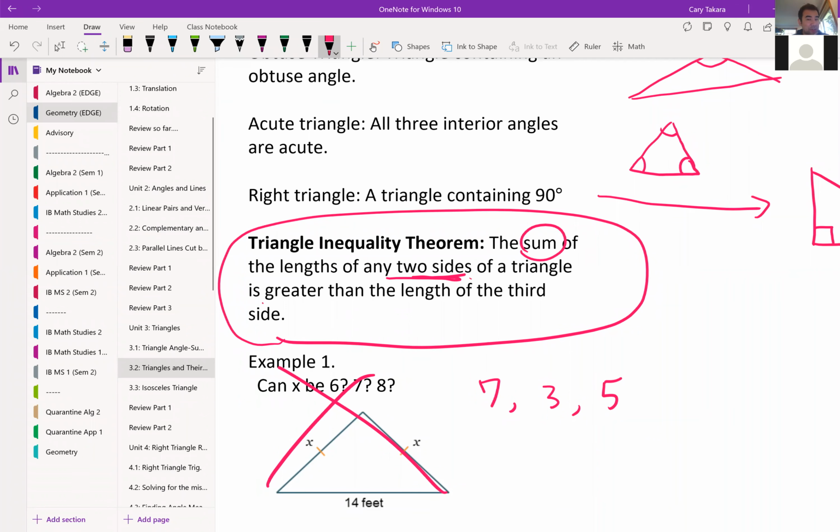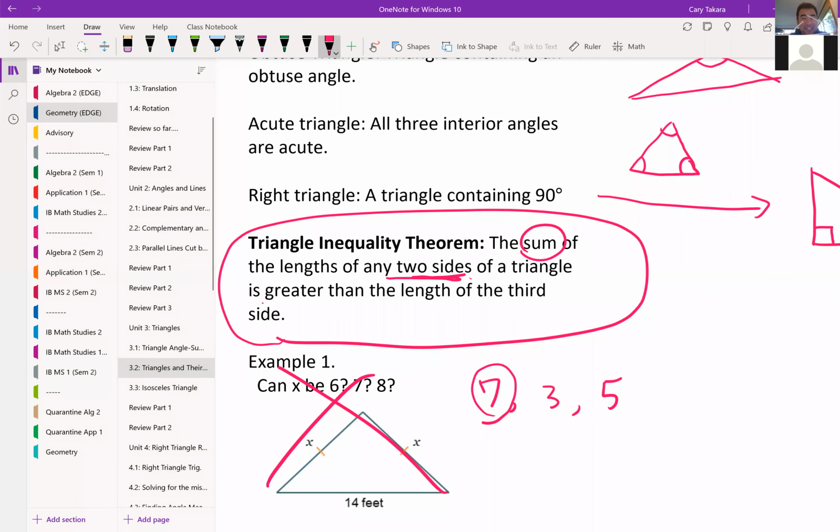Okay, now this is how you determine. First, you're going to pick the longest stick, which is 7, right? Again, let's pretend that this is 7. And then here's a 5-inch. And here is, let's say, a 3-inch. In other words, you're going to add 3 plus 5. Is 3 plus 5 bigger than 7?